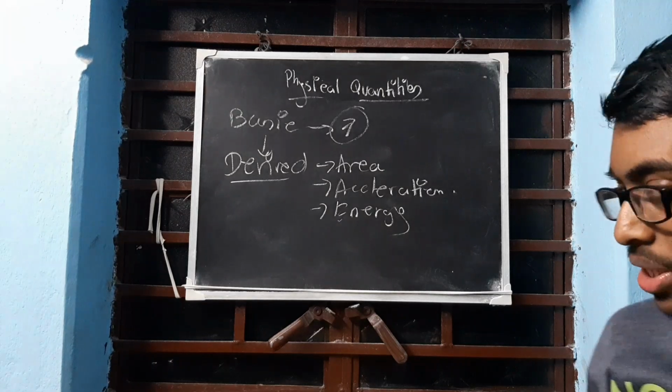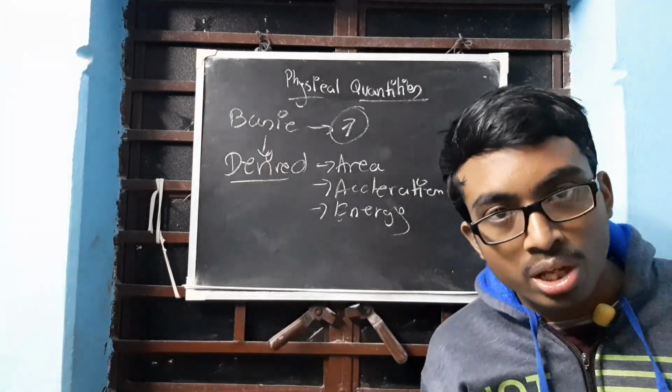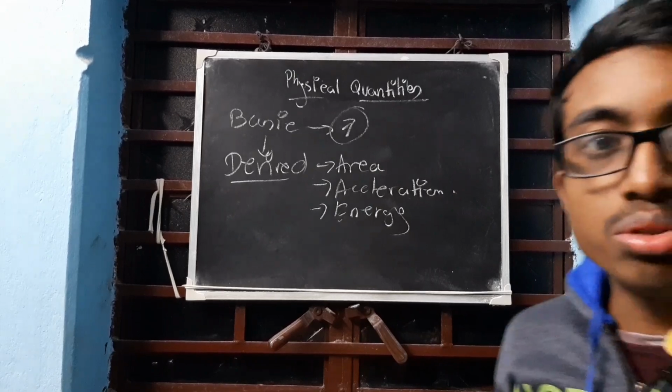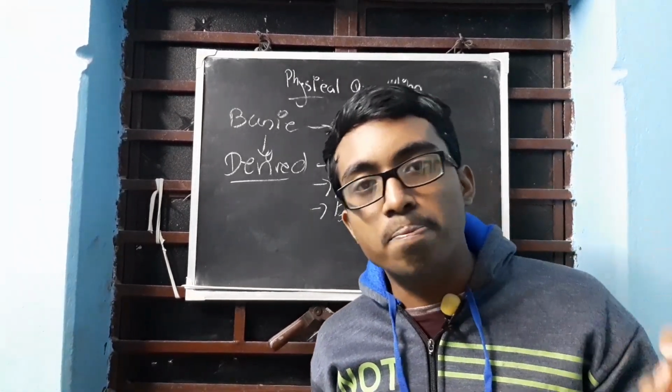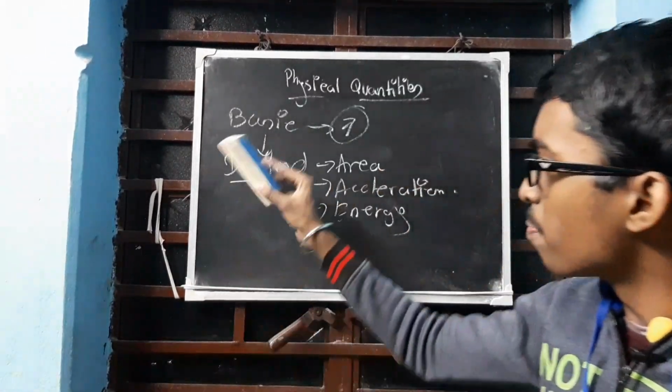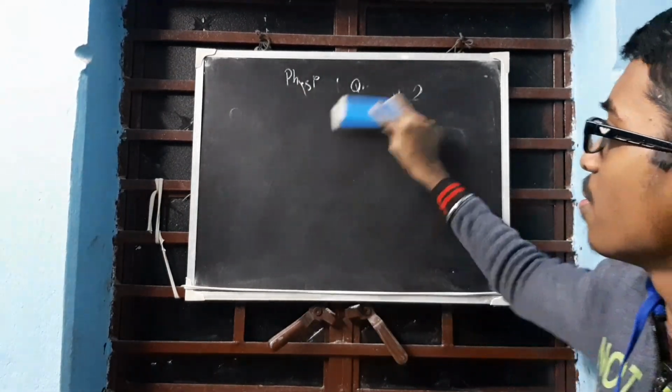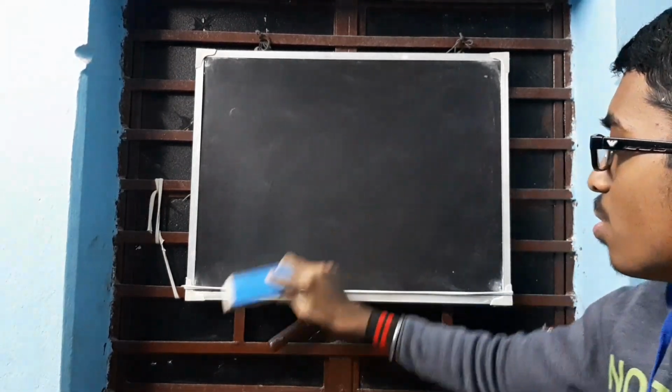These are the things you are going to read under the derived category. Units are very important: you need to know which physical quantity has what unit. This is a very easy topic, you already learned in previous classes what physical quantities are.